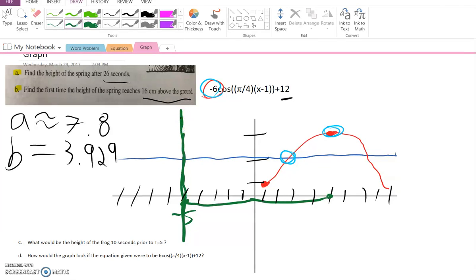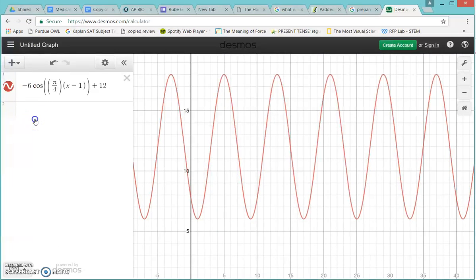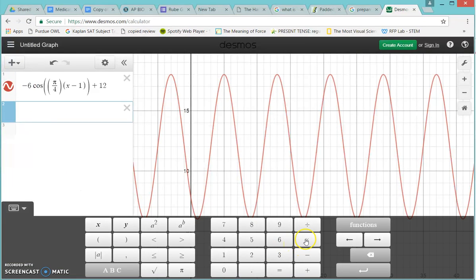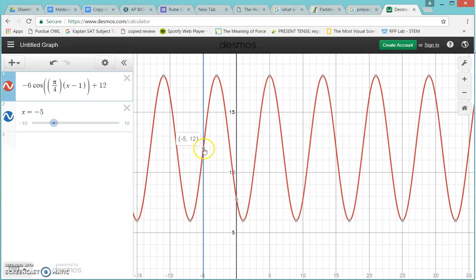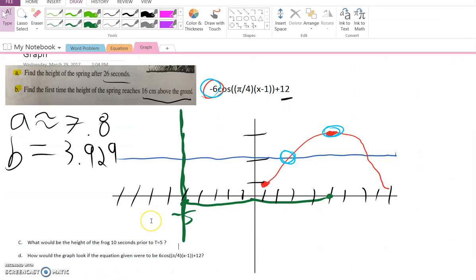For that, we can use our calculator and input X. What we do with the calculator is go to the x-axis and make it equal to -5, I'm sorry, -5. As we can tell, the height would be 12. So at -5, the height would be at the midpoint.